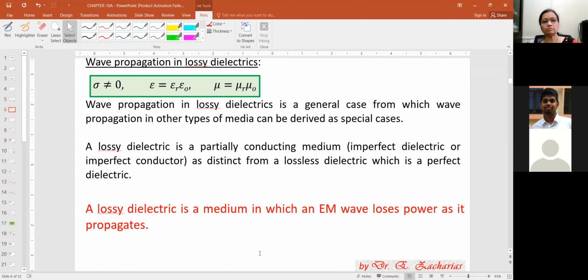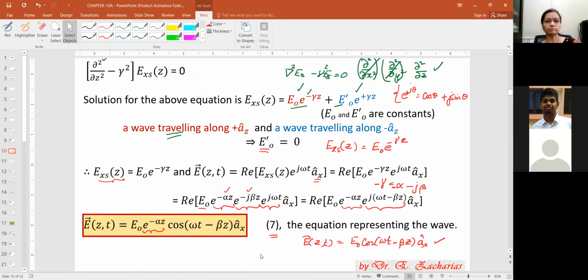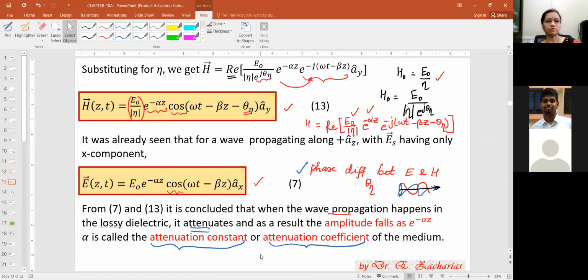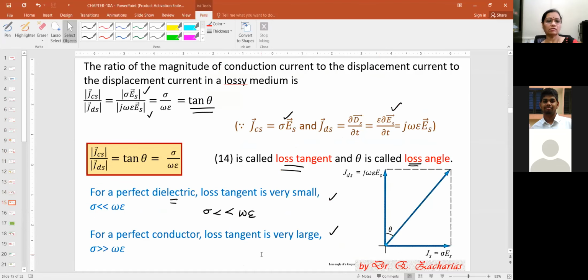Okay, now let me go and show you that again. When it is a perfect dielectric, sigma is 0. There is no conduction, so sigma will be almost 0. So the loss tangent will be very small, tan theta almost 0.